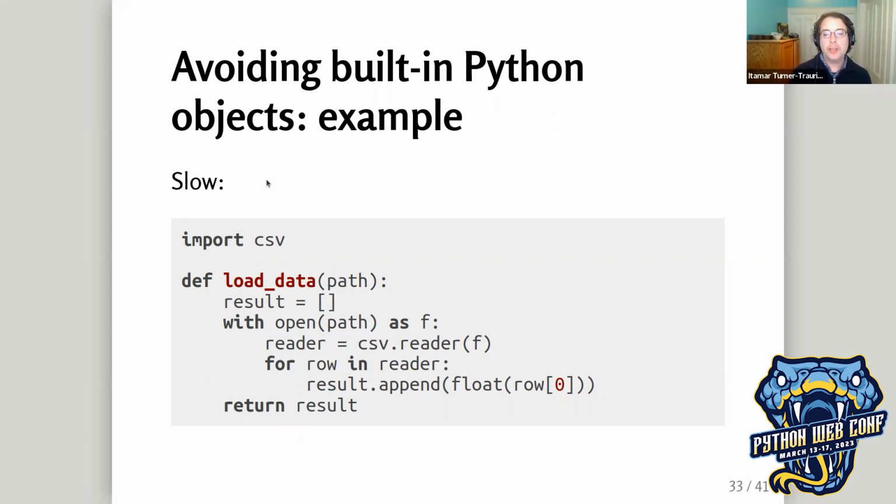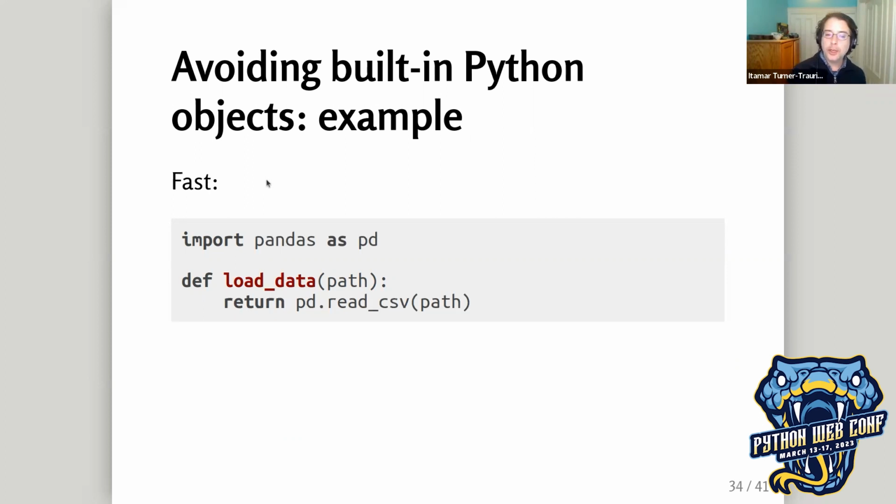It's going to be slow. As an alternative, Pandas has a CSV reader. You can just read the CSV in. If you're feeling extra ambitious, you can skip all the columns you're not interested in, and it'll be even faster. And this, for the most part, will bypass Python and load much faster. And so by avoiding Python objects and avoiding Python lists, we can get structures that we can then operate on more quickly.